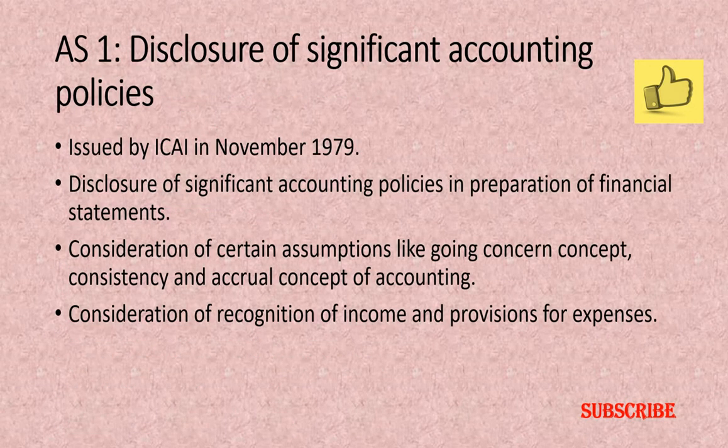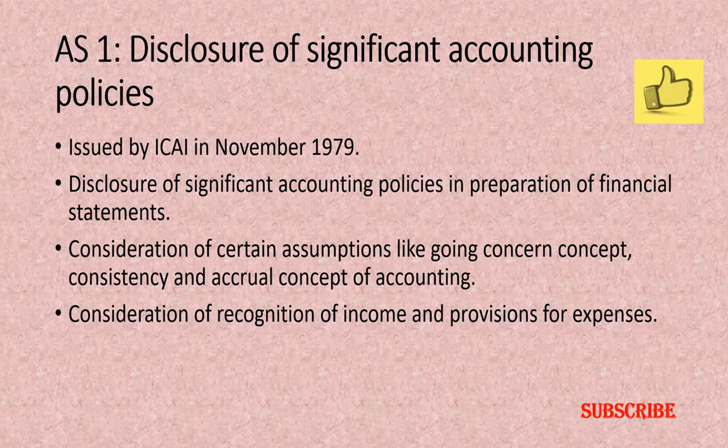Firstly, the Accounting Standard 1, disclosure of significant accounting policies. This is the accounting standard issued by Institute of Chartered Accountants of India in November 1979 on the disclosure of accounting policies followed by the business enterprise.